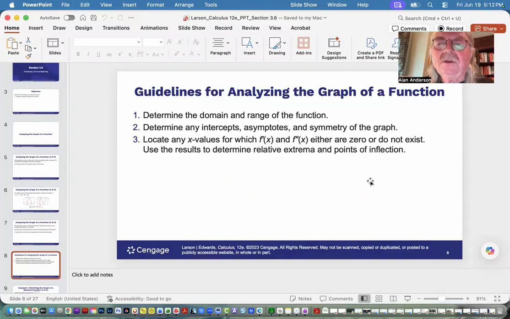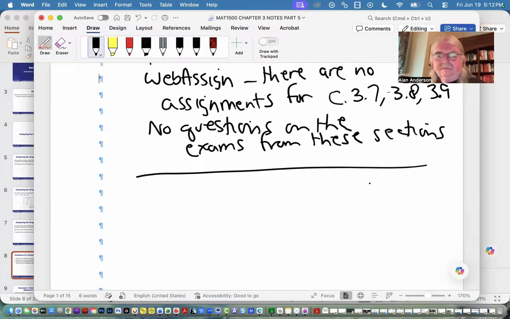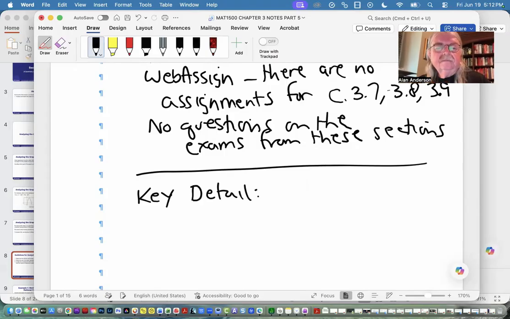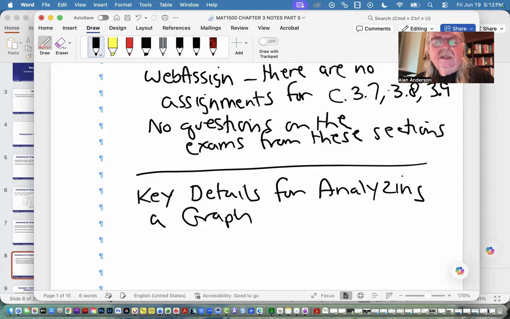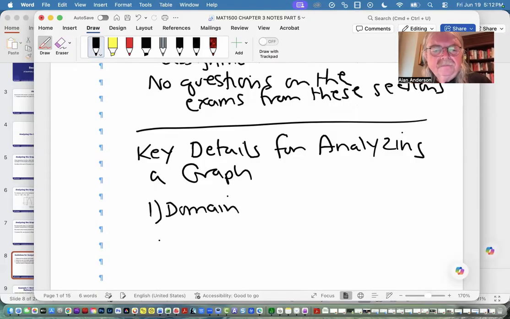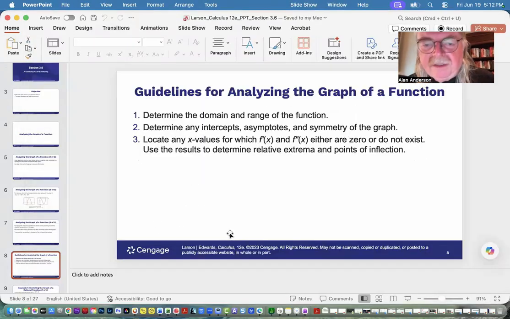We always want to know the domain and the range. Let's just start writing these down. So of course the domain and the range. What else might be interesting?